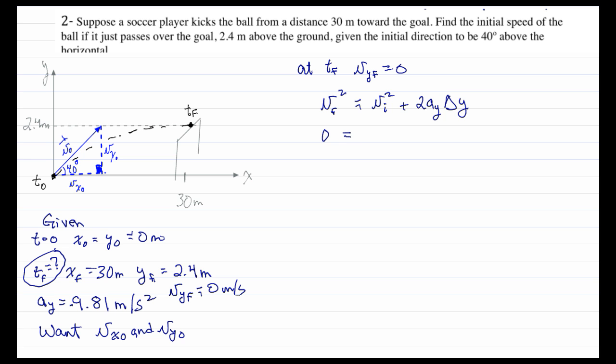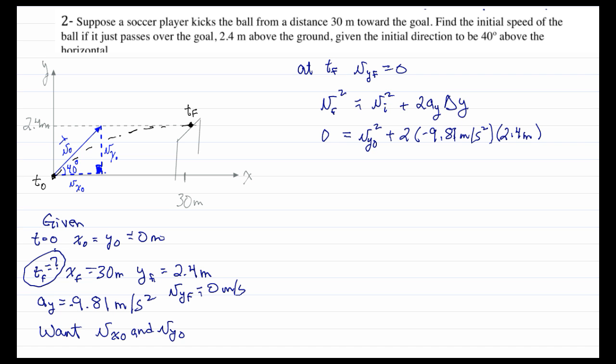Our initial is what we want, so that's our v y naught squared plus 2 times our acceleration, which is the acceleration due to gravity, meters per second squared, and our change in y, well, we go from 0 to 2.4 meters, so it's 2.4 meters.